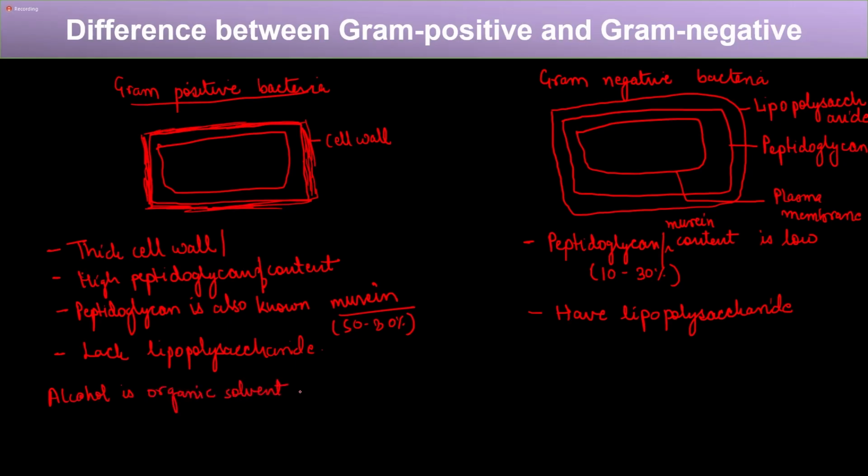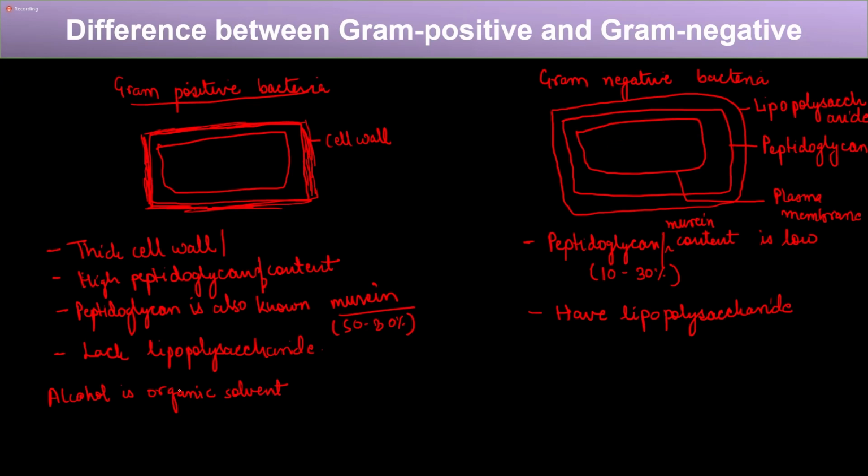We have studied in our organic chemistry class that organic solvents dissolve organic molecules. And the lipopolysaccharide consists of lipid, so it consists of organic molecules. So when you wash the sample with alcohol, the bacteria which have this lipopolysaccharide layer will have the lipopolysaccharide dissolved. Hence, whatever color was present on this layer will wash off, right?